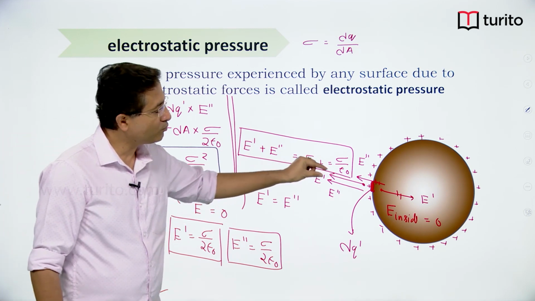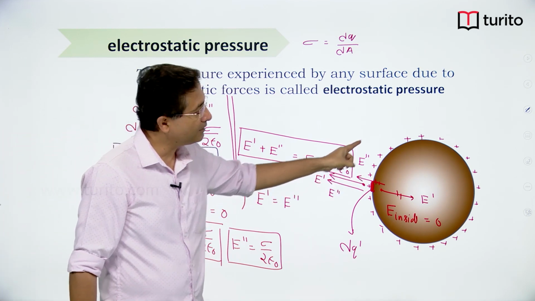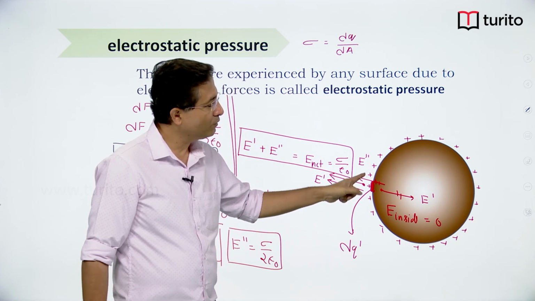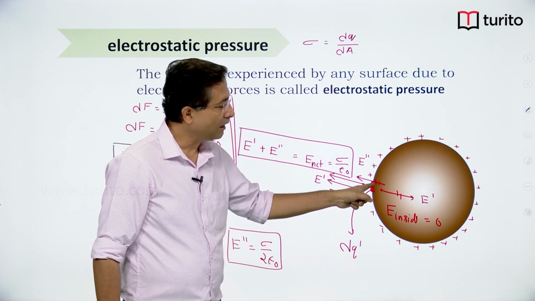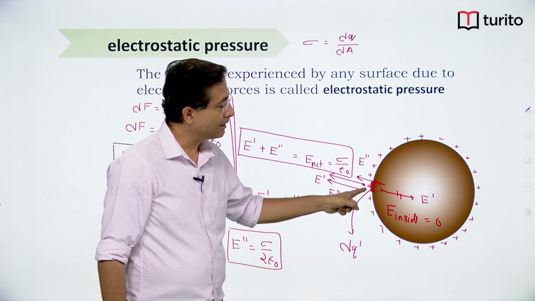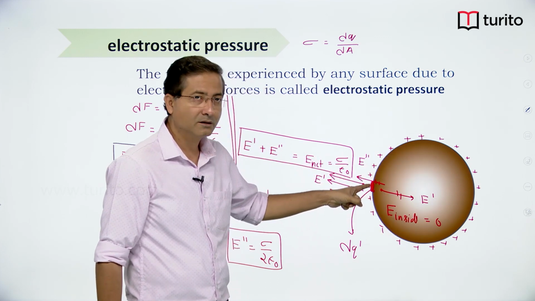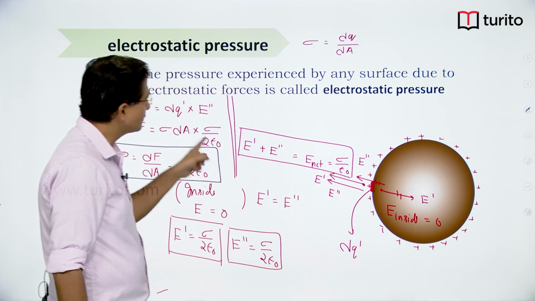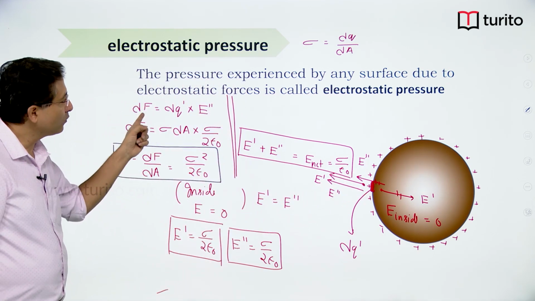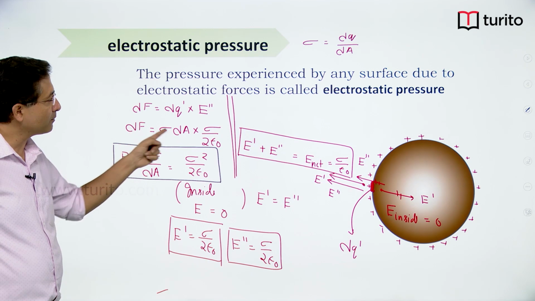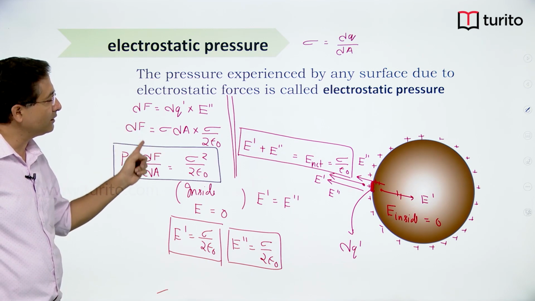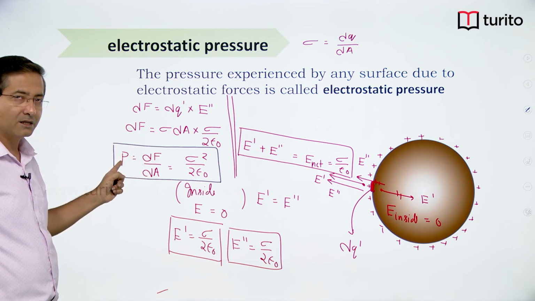So on a small element, the remaining charge will have a field, and as this small element is kept in the field of the remaining charge, it will experience force. That force is perpendicular to this area, and force per unit area will give you pressure.